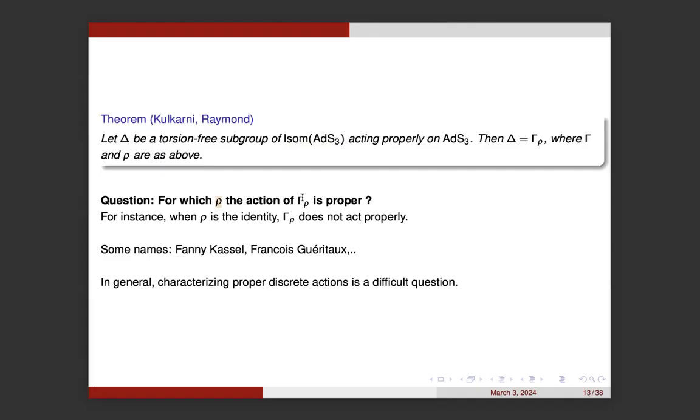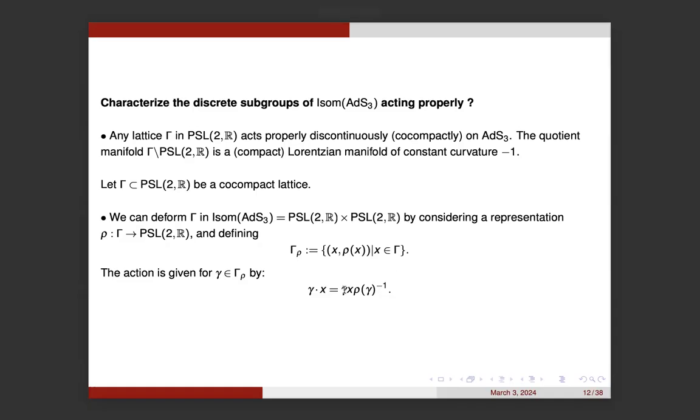For instance, when rho is the identity, gamma rho does not act properly, because there will be isotropy groups which are infinite.